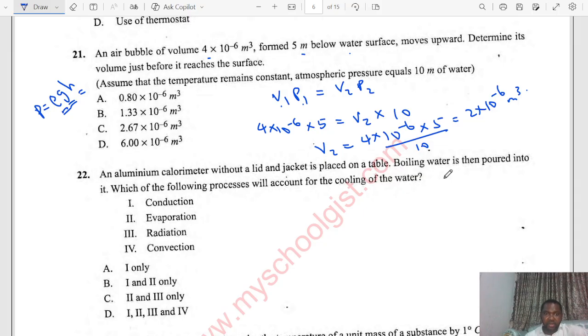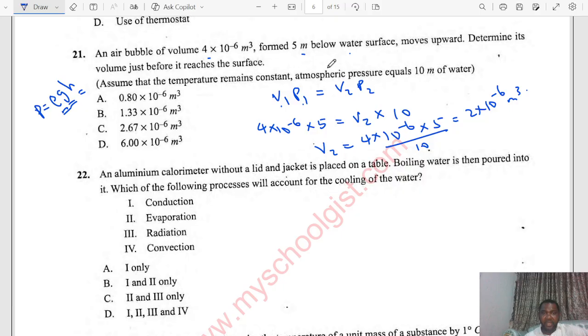Okay, we don't have 2 times 10 to the power minus 6 among the options, but I just remembered that the bubble is formed 5 meters below the water surface, moves upward, and we determine its volume just before it reaches the surface.